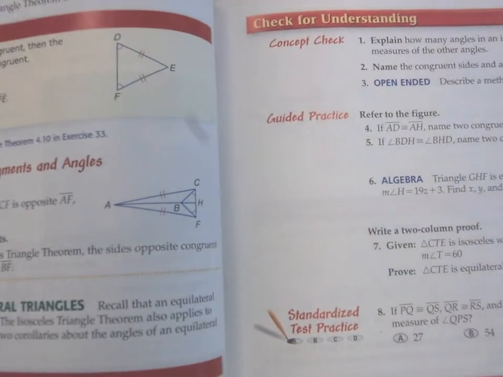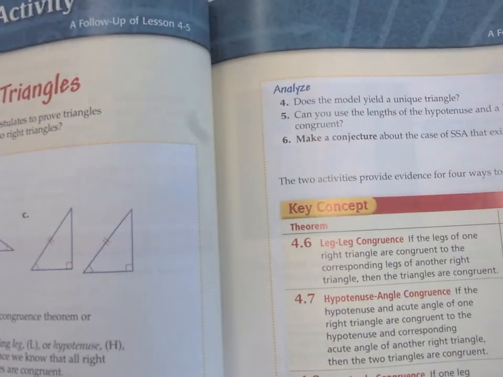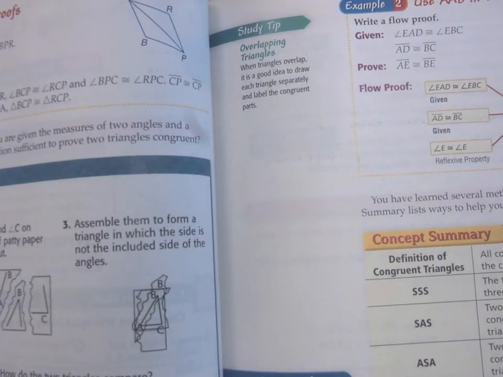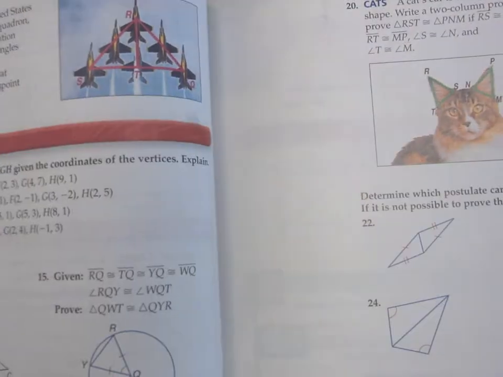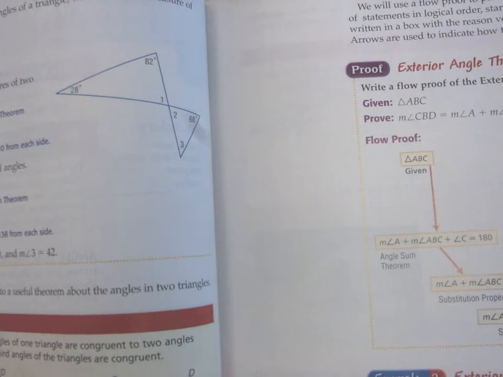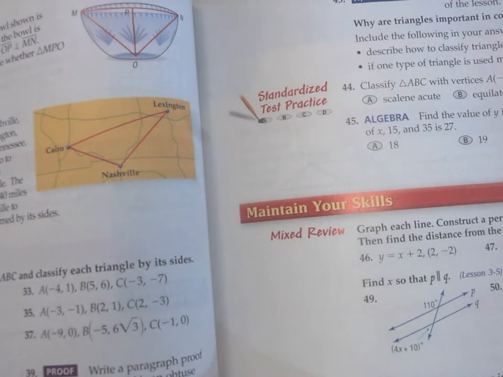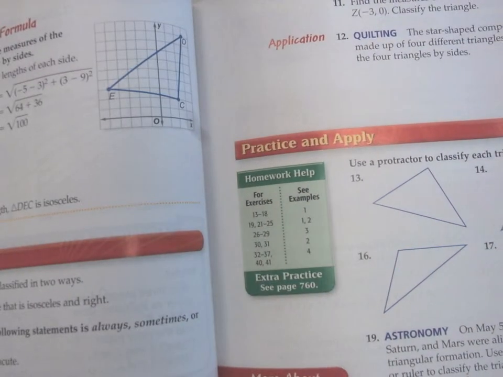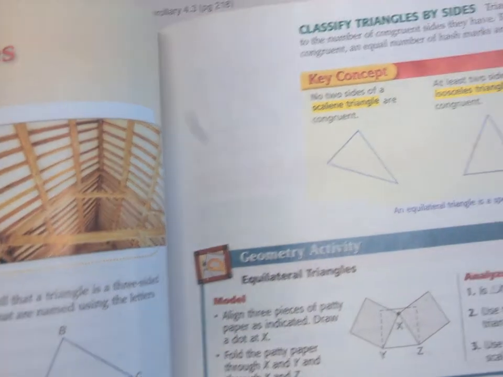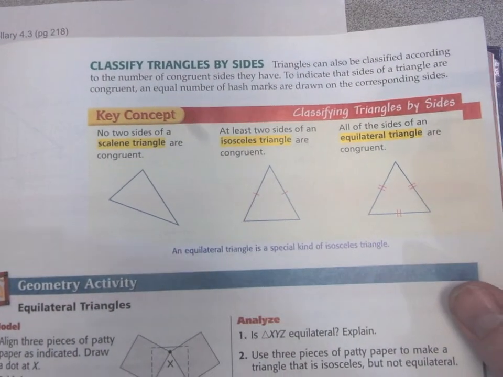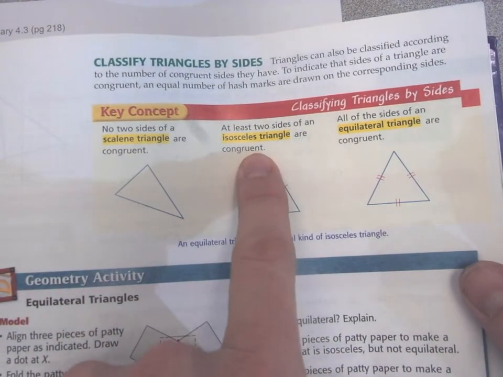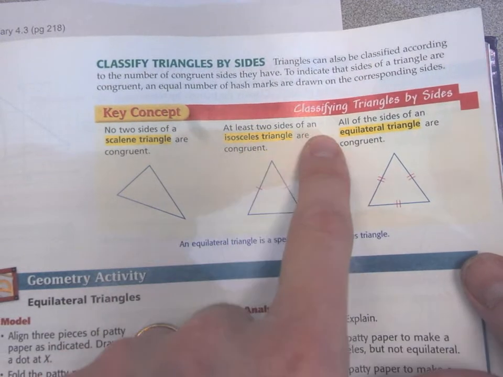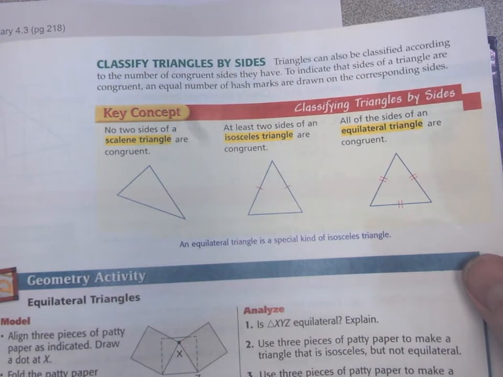All right, now, one thing we have to talk about is what a corollary is. Let's go back just a little bit and talk about isosceles triangles really quick. So I'm heading back to that page I showed you earlier. It's the very beginning of chapter 4. Notice that the way that isosceles is defined is at least two sides of an isosceles triangle are congruent.